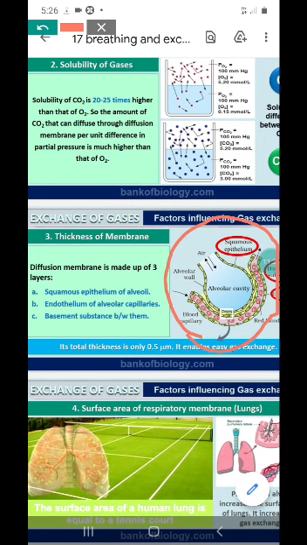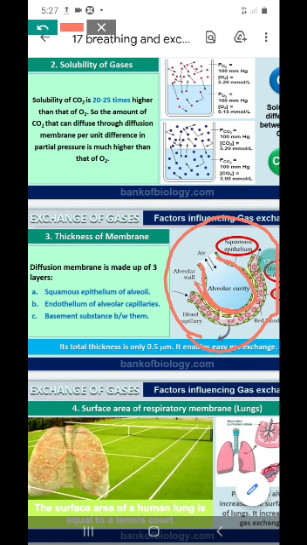Only 3 different membranes: the squamous epithelium of the alveoli, and a basement membrane between them, and the epithelium, also called the endothelium, of the blood capillary. Only these 3 membranes it has to cross.